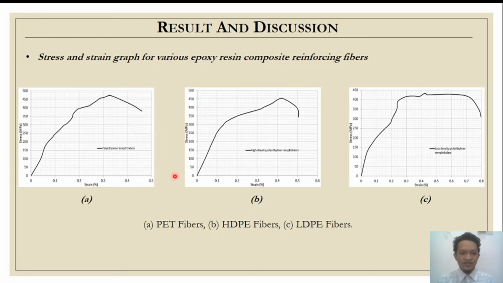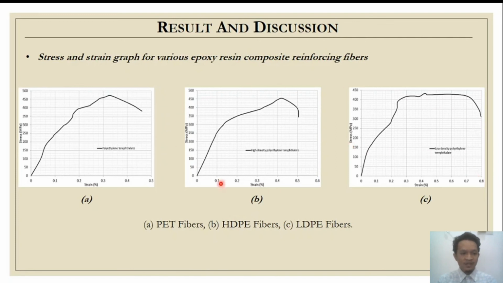Then, the maximum stress value of the SDPE composite is 452.1 megapascal and the maximum strain value is 0.506%. Meanwhile, the maximum stress value of the LDPE composite is 430.75 megapascal, and the maximum strain value is 0.796%.